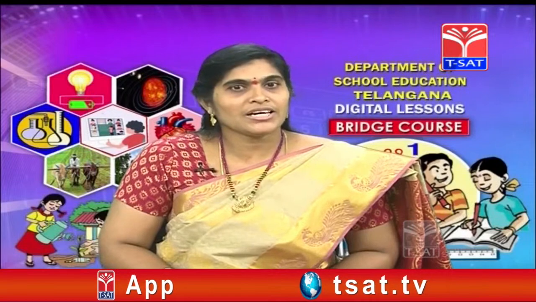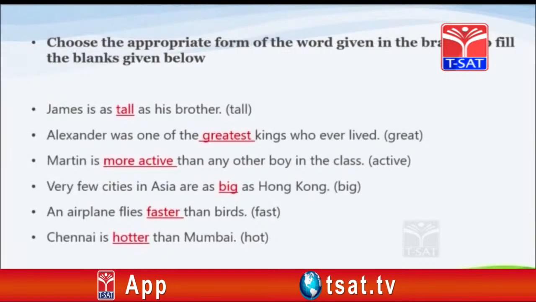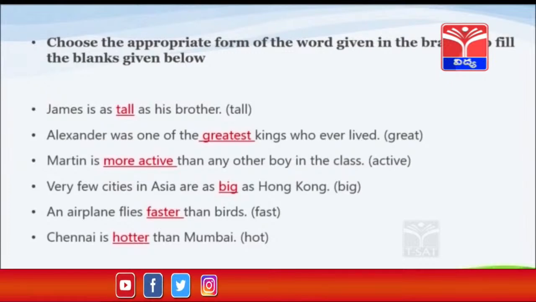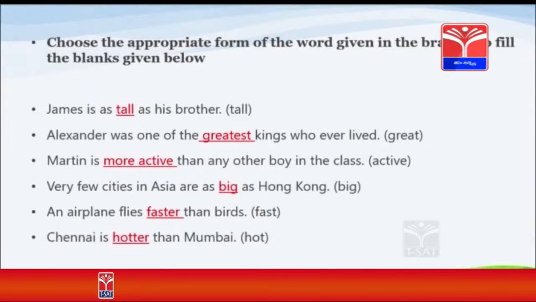Okay, here we are with our exercise. James is as tall as his brother. If you see here, children, there is no word than to use the comparative degree and there is no article the in the sentence to use as a superlative degree.